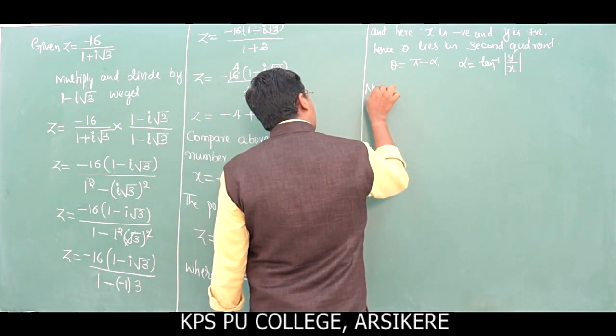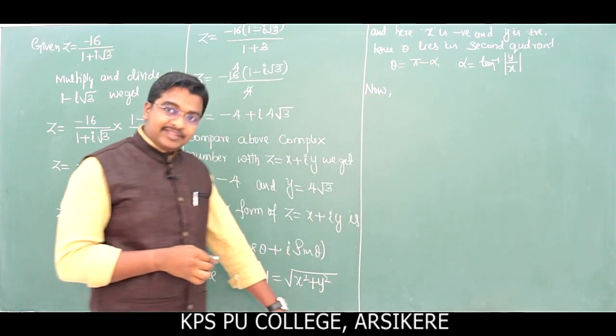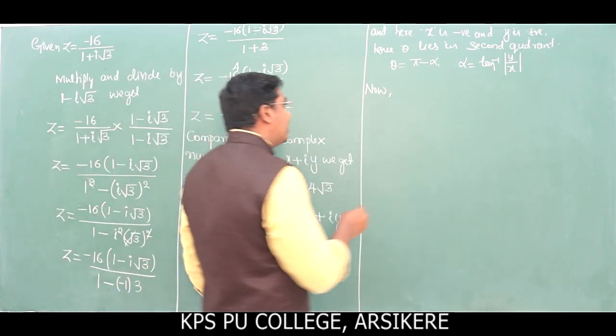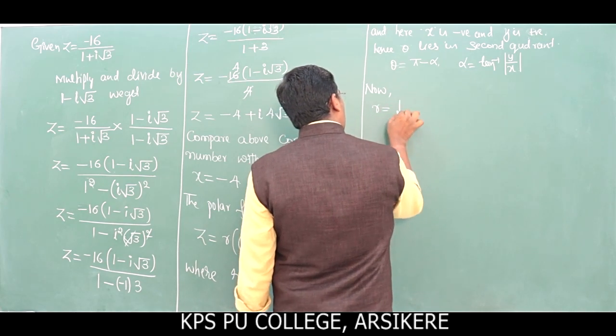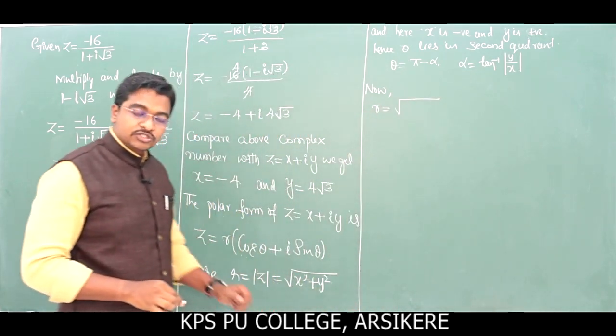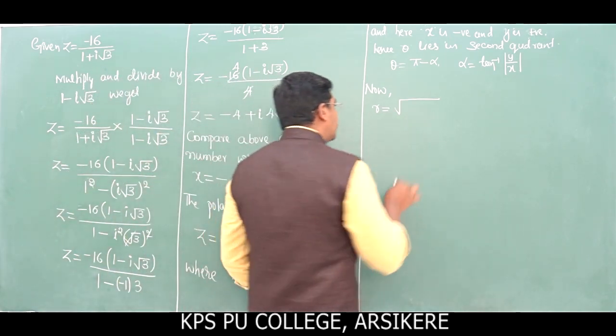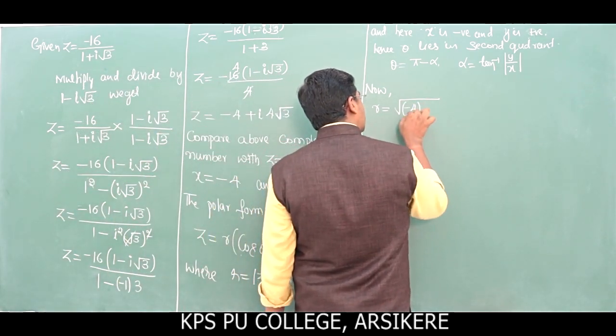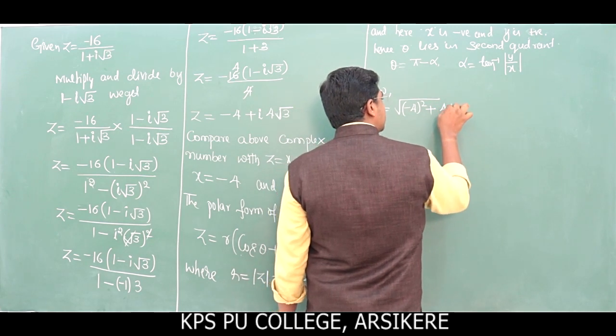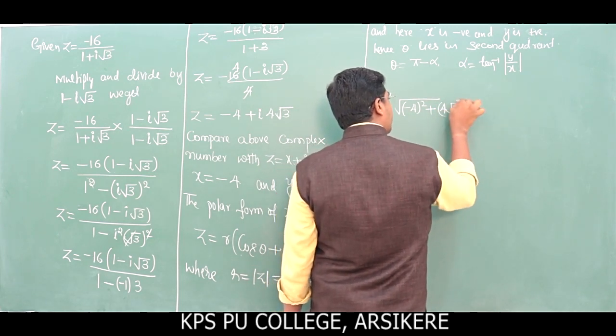Now find the values of r and theta. r is equal to root of x square plus y square. What is x here? Minus 4, and y is 4 into root 3. So minus 4 whole square plus 4 times root 3 whole square.